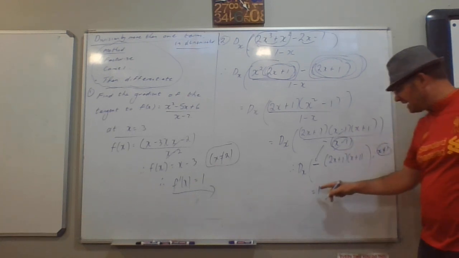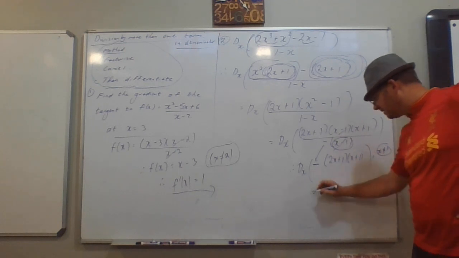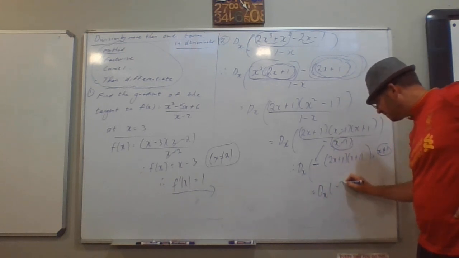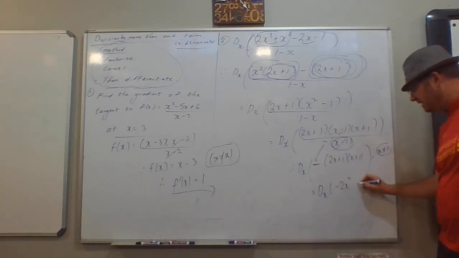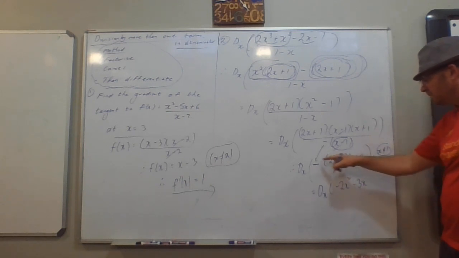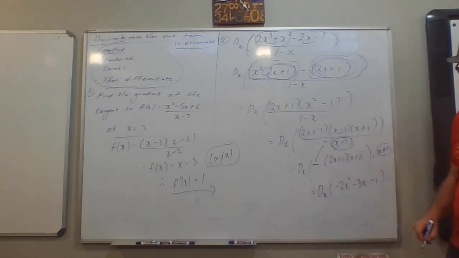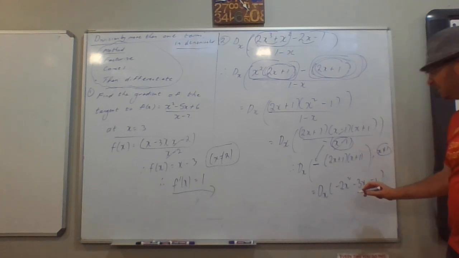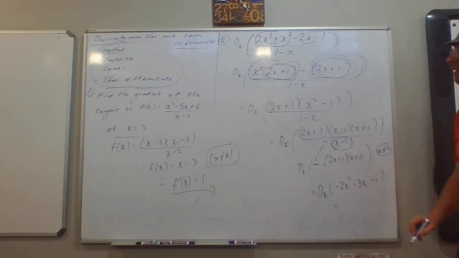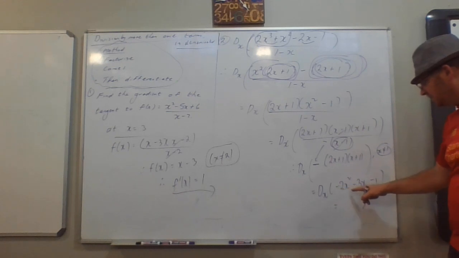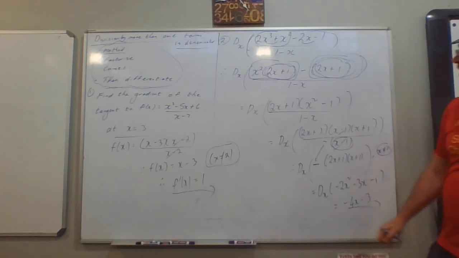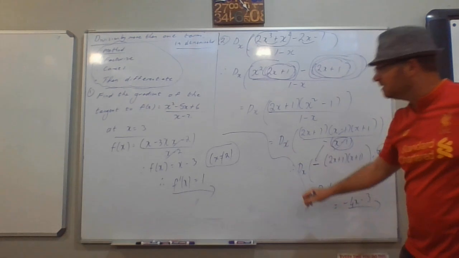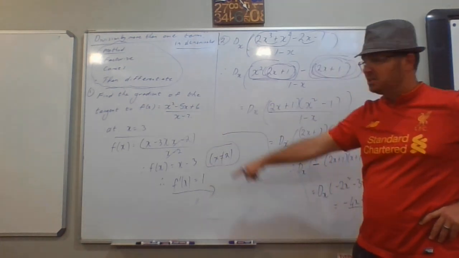I get 2x times x is negative 2x squared. 2x plus x is 3x, times by negative is negative 3x. 1 times 1 is 1, times by negative is negative 1. Now, at last, I can differentiate. The derivative of negative 2x squared minus 3x minus 1 is going to be negative 4x minus 3. Right. Hopefully you noticed in my exhausted state that I didn't fully answer that question over there.